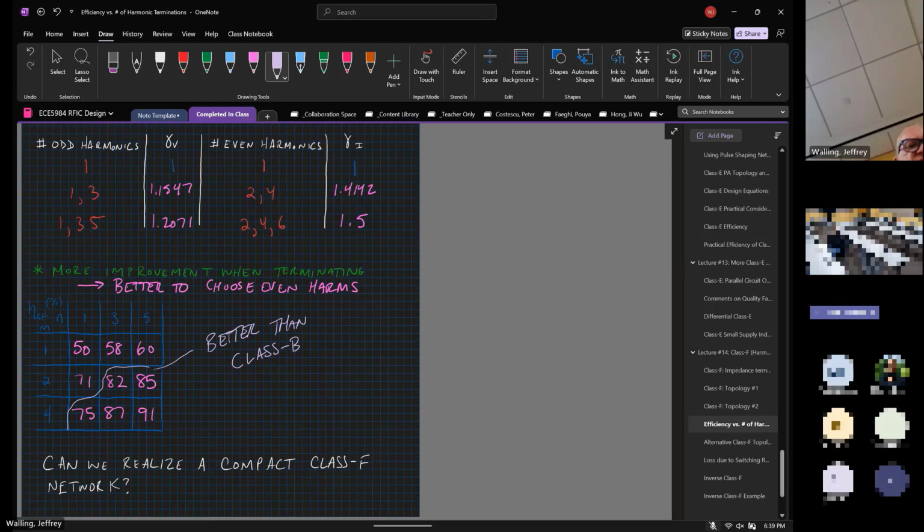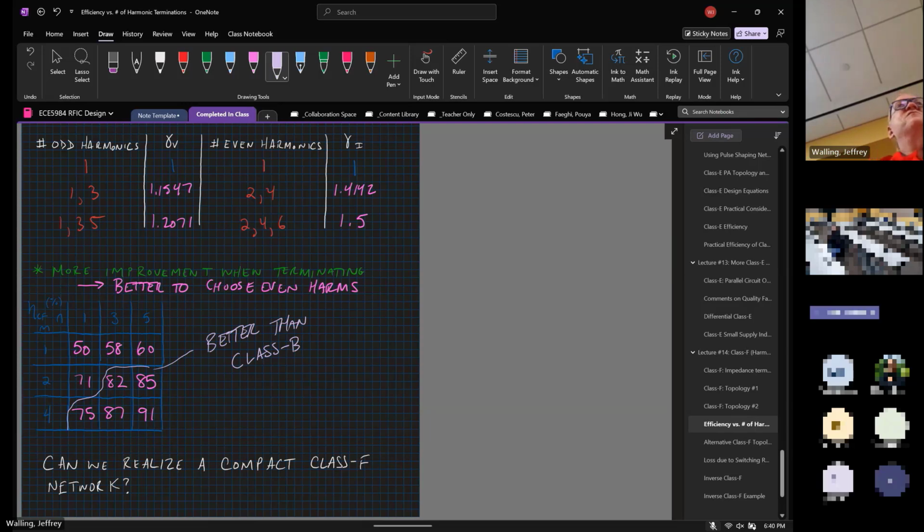What's interesting is over the past couple of years, if we look in the literature, there are a lot of people that have made what we call linear class F amplifiers. The reasoning is basically if you drive a class B amplifier that's terminated with a network that looks something like this into saturation, it becomes this kind of class F-like behavior.